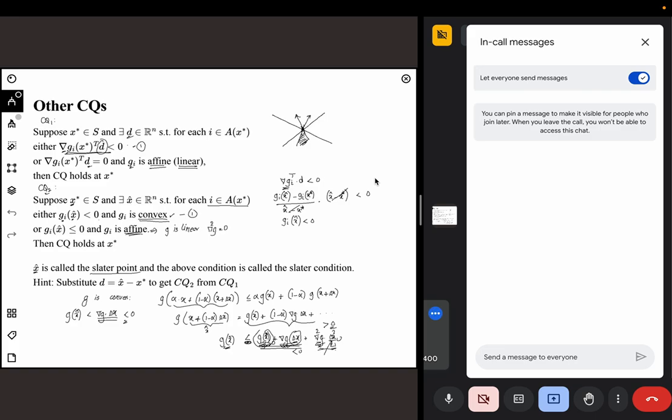And the other way to say it is, instead of depending on the gradients, we know that for a convex function, the first order approximation will always be less than, sorry, greater than the actual function value. So we can directly use that information and say that since for the active constraint g of x star is equal to 0 and the gradient is less than 0, we can always find another point such that g of x star is less than 0 if it is convex.